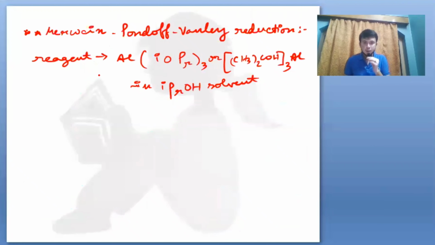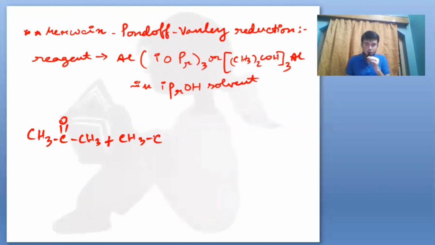Now let's see a special reaction here, that is the Meerwein-Ponndorf-Verley reduction. Now what does this Meerwein-Ponndorf-Verley reduction do? That is, if we have a mixture of a ketone plus the respective alcohol, because if this ketone is converted into alcohol, it is from this alcohol.